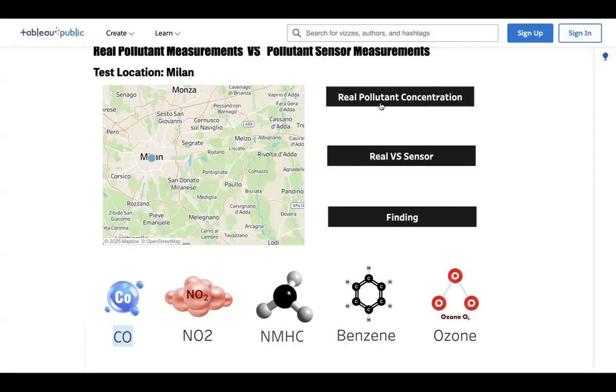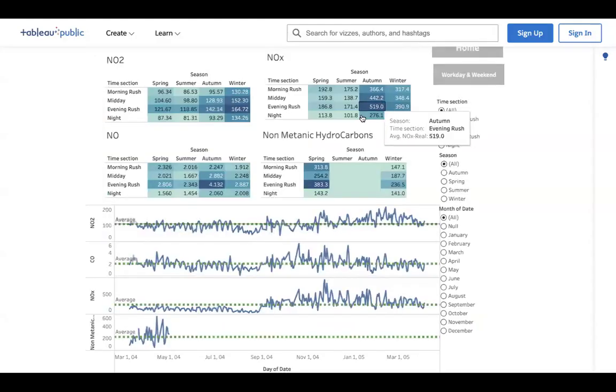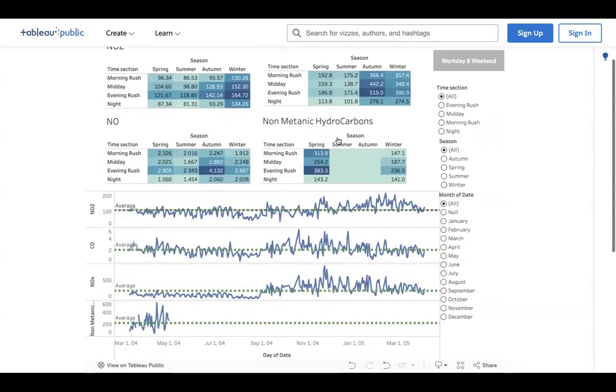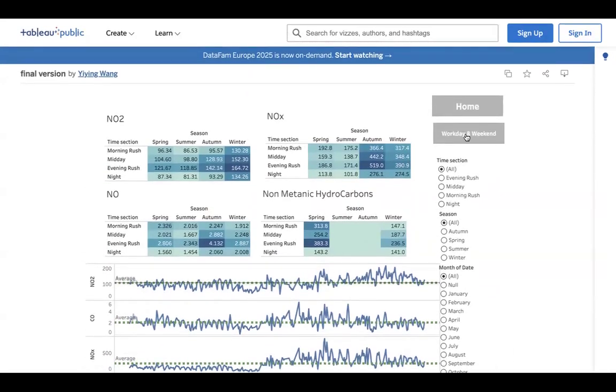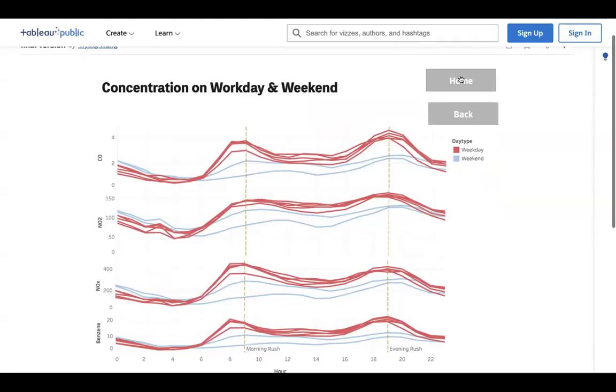Now let's see our first section, real pollutant concentration. We analyze it based on time, and we also have workday and weekend.